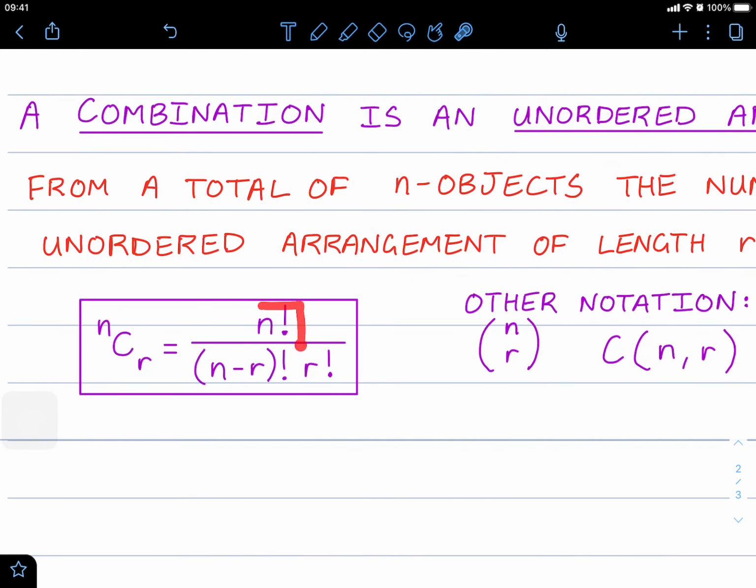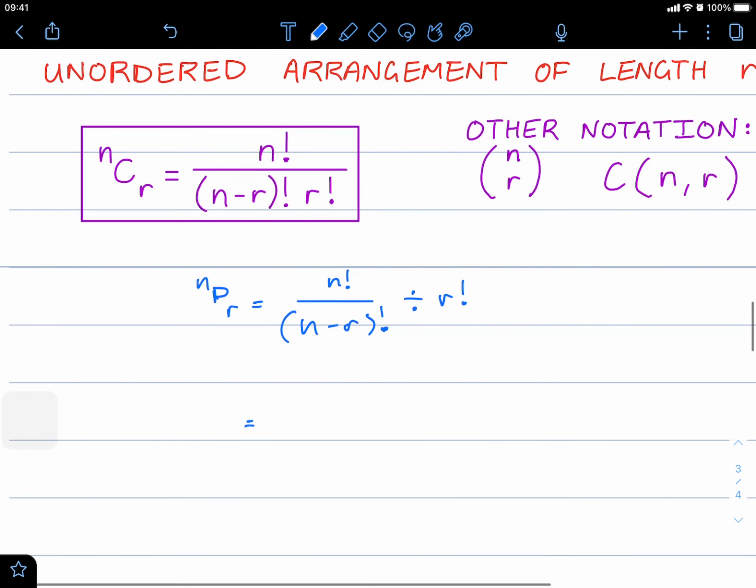Notice how within this, what I'm circling here, there is the notation for pick notation. nPr, that is n factorial over n minus r factorial. But when we divide out the repetitions, we divide by r factorial.